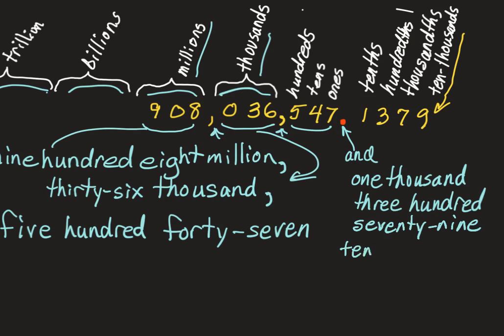The 10,000ths. And the THS is what indicates it's to the right of the decimal place. So this is 908,036,547 and 1,379 10,000ths. Enough place value for now.